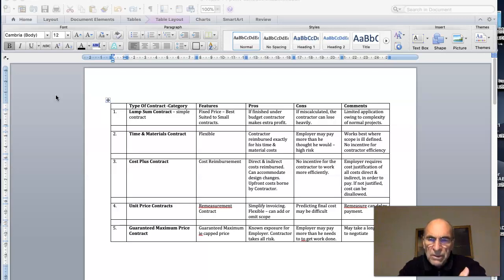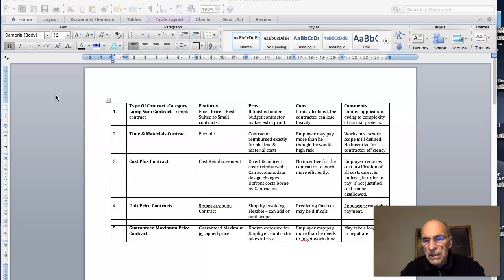In that situation, however, the employer may pay more than he has to do to get the work done. For example, he could get the work done on a remeasurement basis and pay less for the work, but it may be valuable for the employer to be sure that the contractor won't go above this guaranteed maximum price.